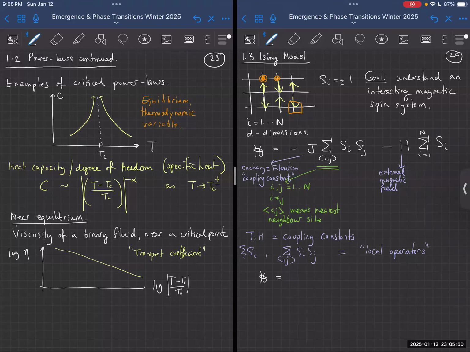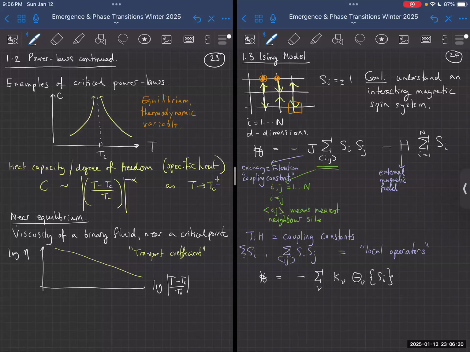I can write it as a sum over a bunch of terms that look like this: some coupling constant times some local operator that, say, depends on all the degrees of freedom. And that is a sort of general way. I can think of a whole bunch of different coupling constants multiplying a whole bunch of different local operators, and that would be a particular way to write this Hamiltonian.